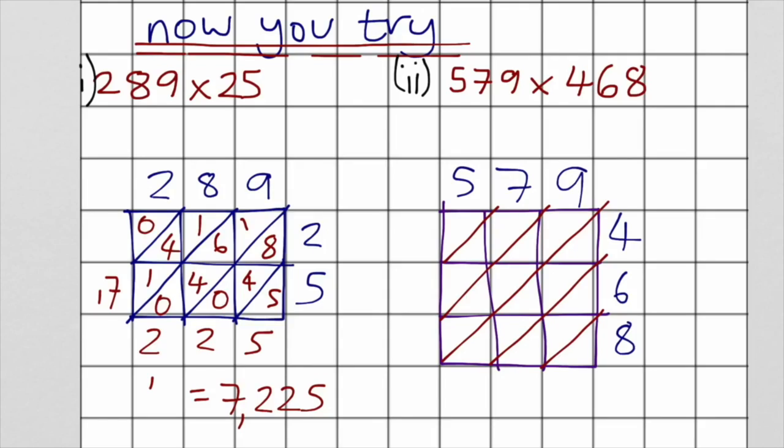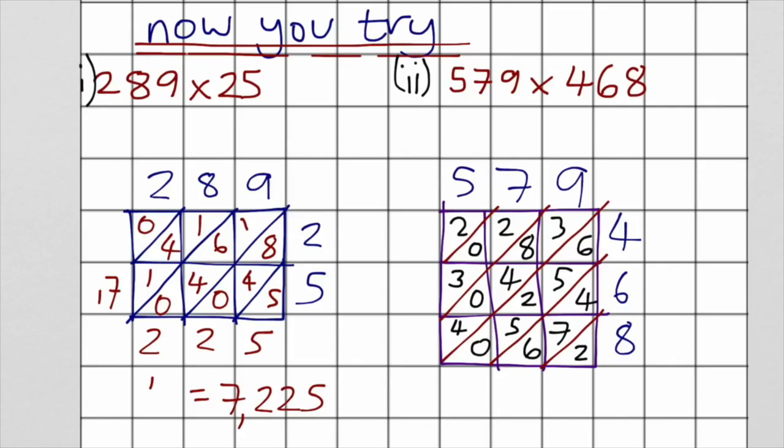And then the multiplying. You have multiplied all the numbers, then we just add up our columns.